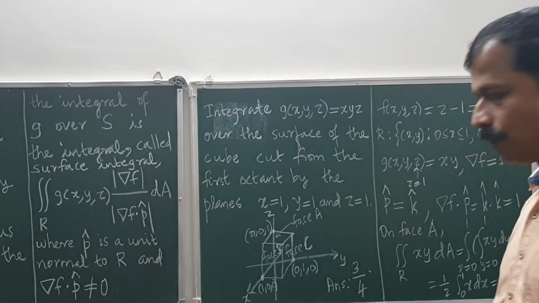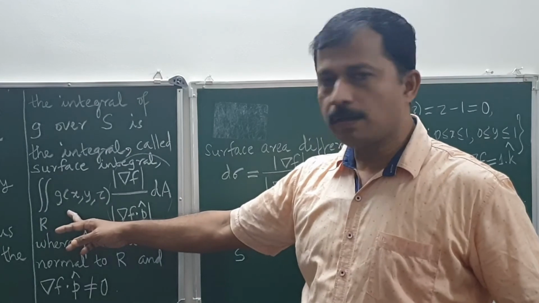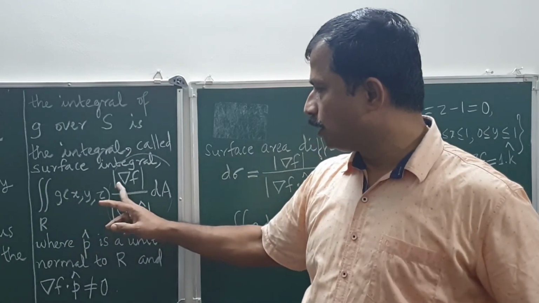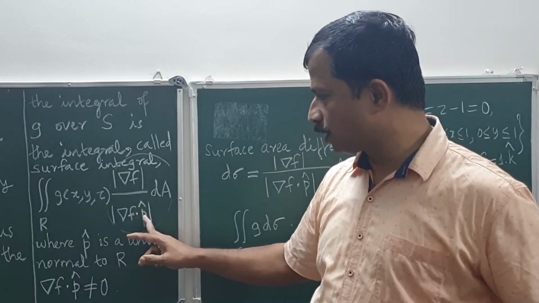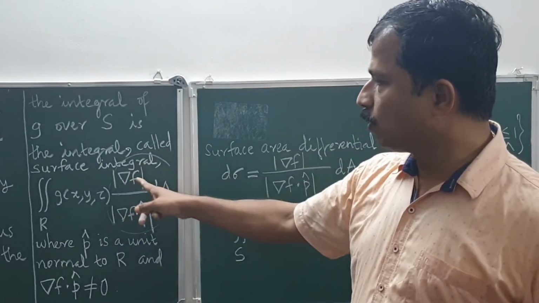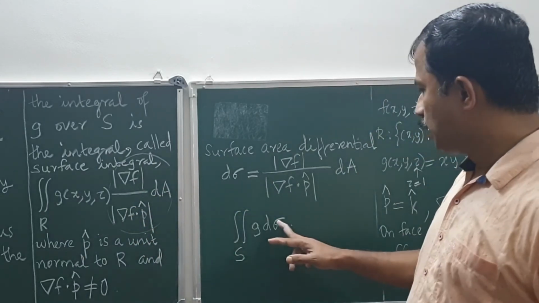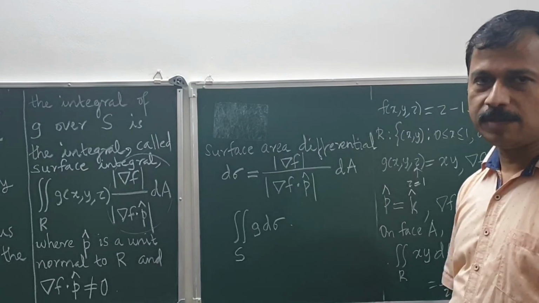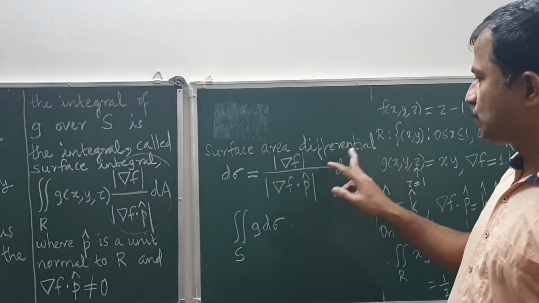See, in the surface integral we have the double integral over R of g of x, y, z times the magnitude of grad f divided by the magnitude of grad f dot unit vector p, dA. We denote this expression, the magnitude of grad f divided by the magnitude of grad f dot p, dA, by the symbol d sigma, and this d sigma is called the surface area differential.